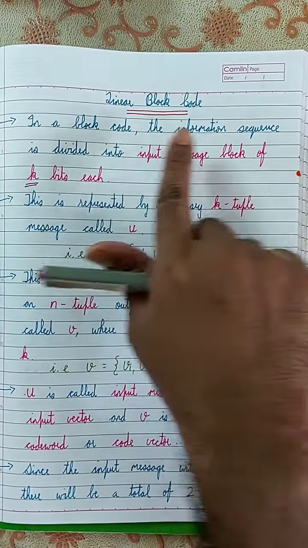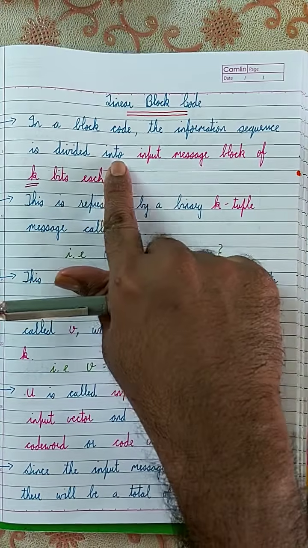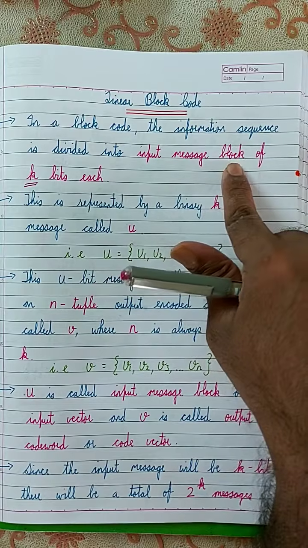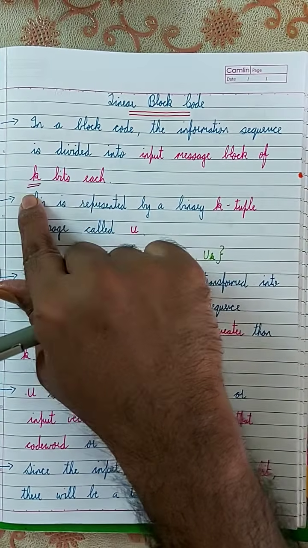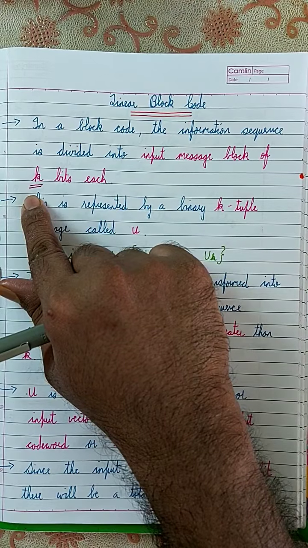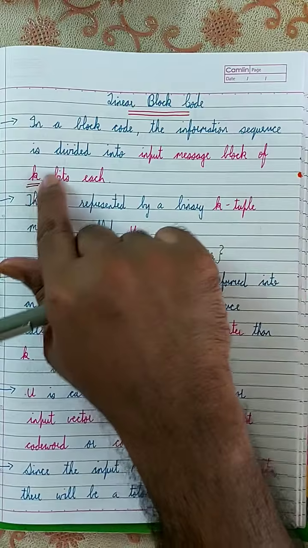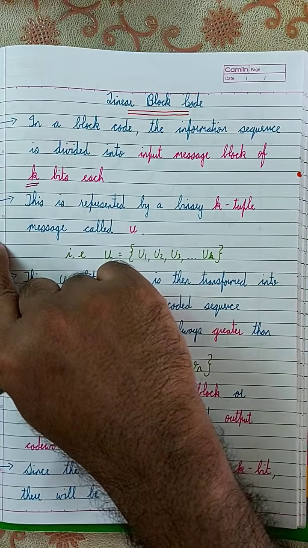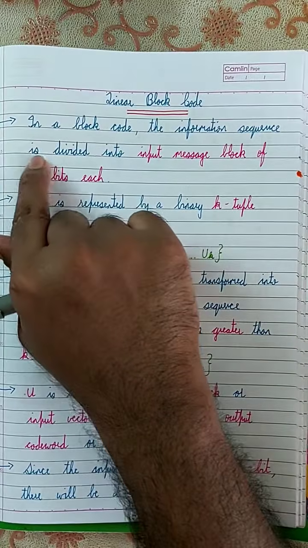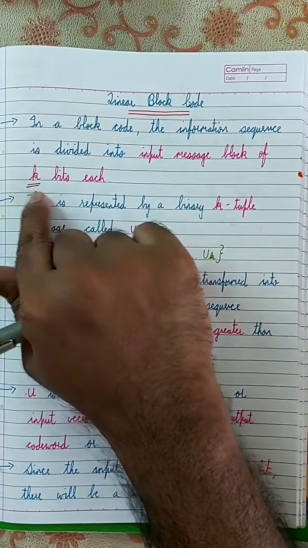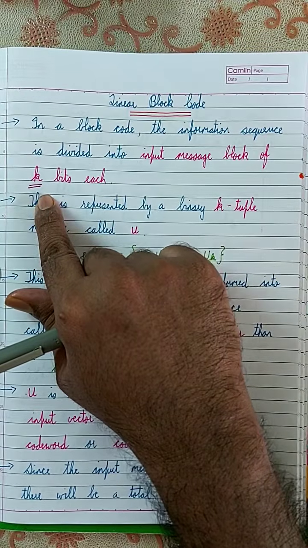In a block code, the information sequence is divided into input message blocks of k bits each. That is, k is the number of input message bits. In all the coming topics we will represent k as the number of input bits.